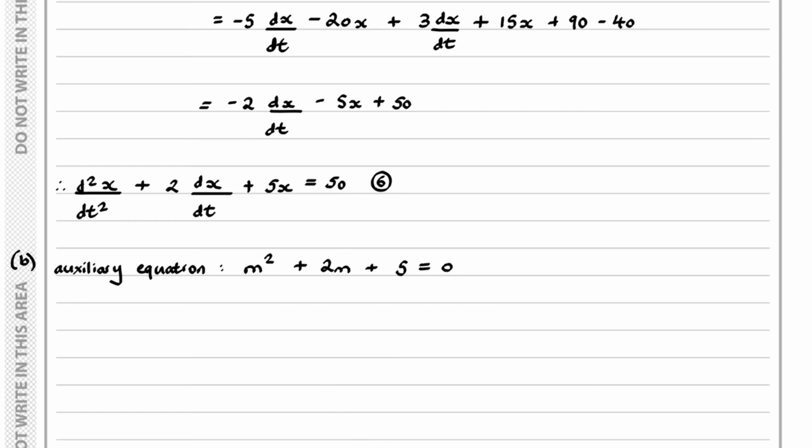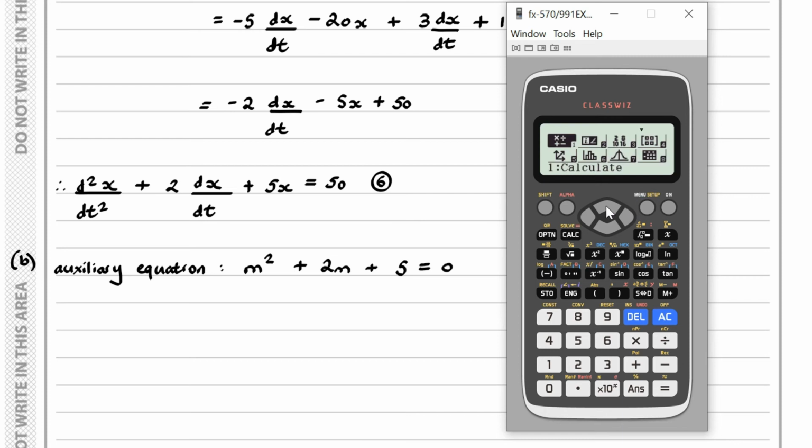So if we solve this quadratic equation, we've got 1m squared plus 2m plus 5. It turns out we get complex roots. You can see m is equal to minus 1 plus minus 2i.